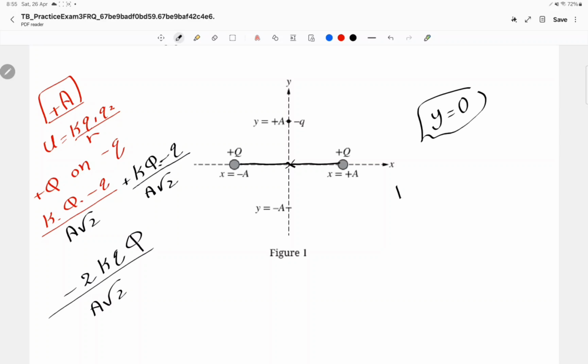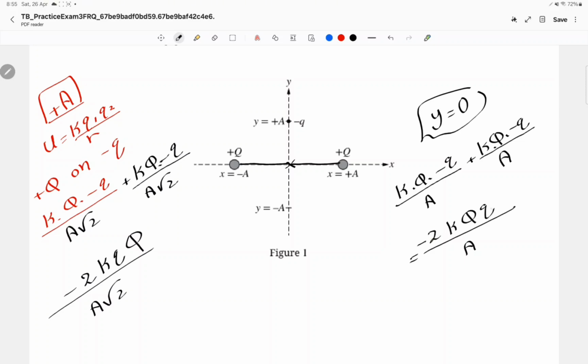So we're going to have k, q, negative q over r, which is just a, plus k, q, negative q over another a. So negative 2kq squared over a.